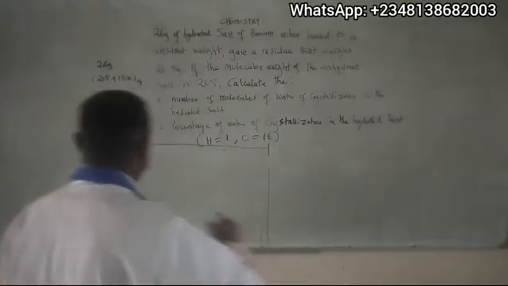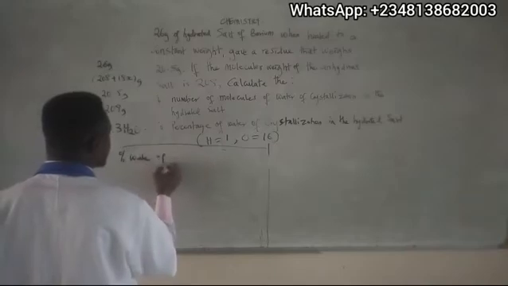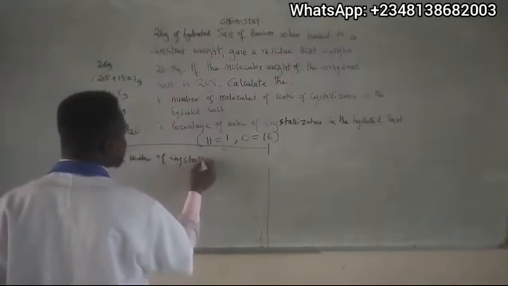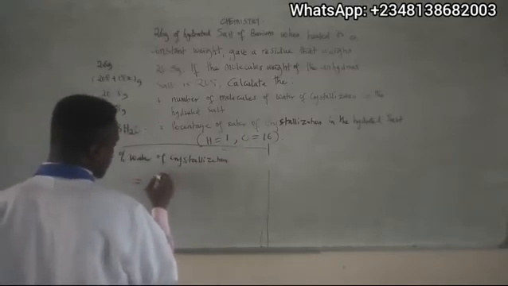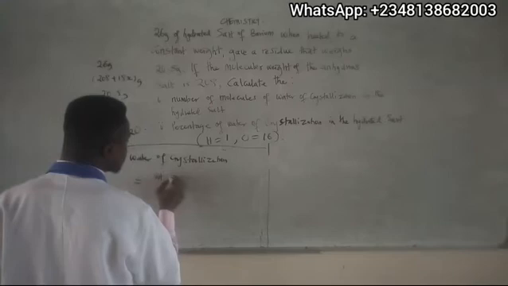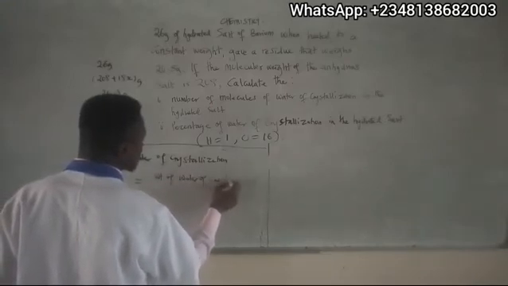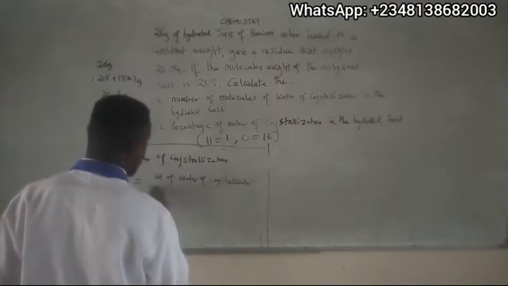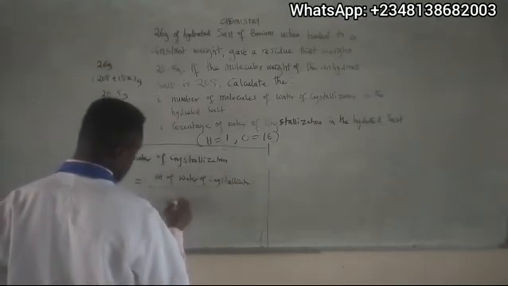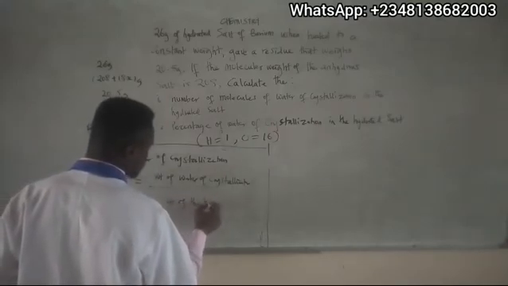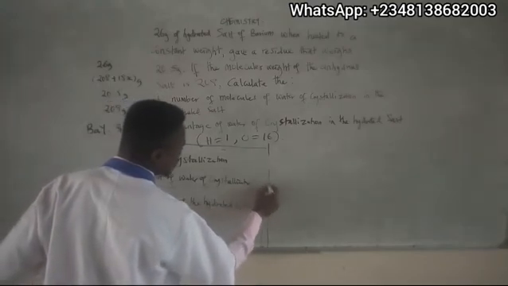Now, percentage water of crystallization is equal to weight of water of crystallization over weight of the hydrated salt times 100%.